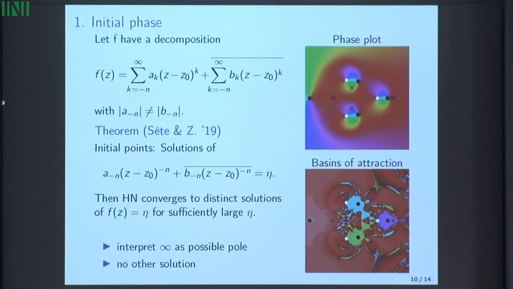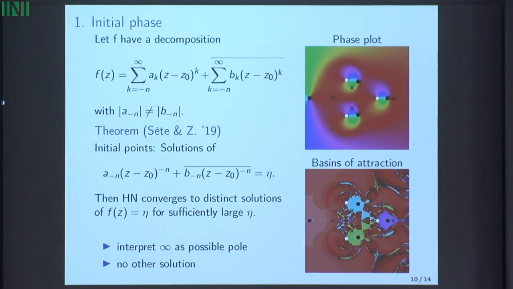Every point in the plane is colored according to which solution the iteration will converge to with the respective initial point. We have here the basins, light blue and green and purple, and the initial points really correspond to the correct basin. So in this case, eta was large enough.